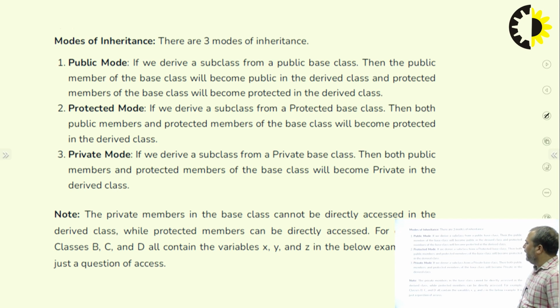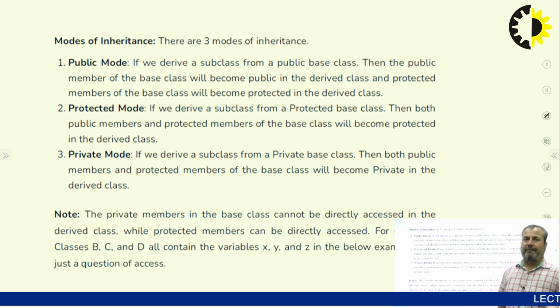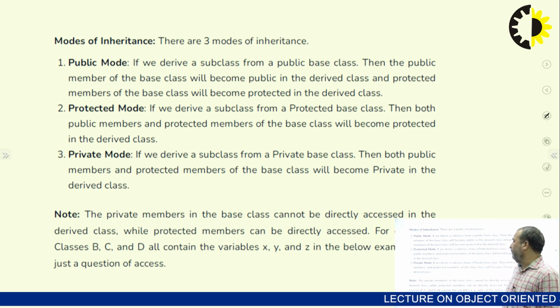There are three modes of inheritance already discussed: public mode, private mode and protected mode. Whenever the mode is private, the whole public and protected members of the base class become private, so they cannot be accessed directly by the object of even the derived class or base class.